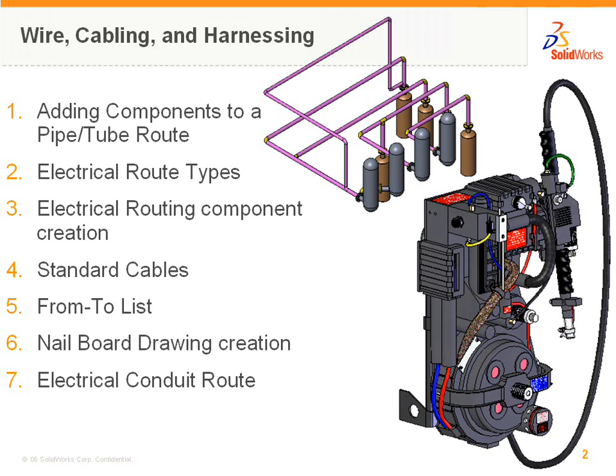Then we'll go straight into electrical route types. We'll talk about the difference between a wire route, a cable route, and a harness route. Then we'll go in and show again the routing component wizard, this time as it applies to electrical routing components.